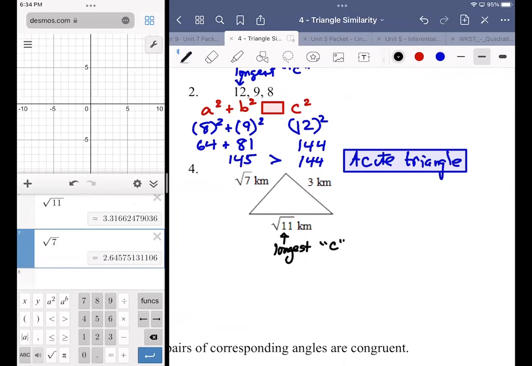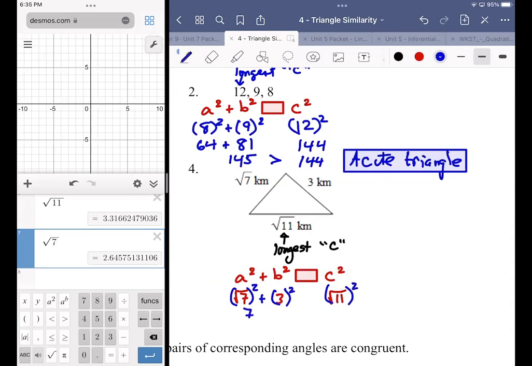So that's my c. So a squared plus b squared blank c squared. So radical 7 squared, 3 squared, and then radical 11 squared.